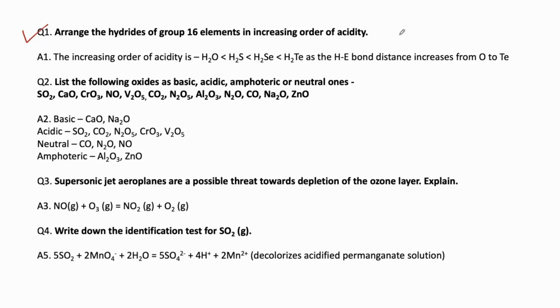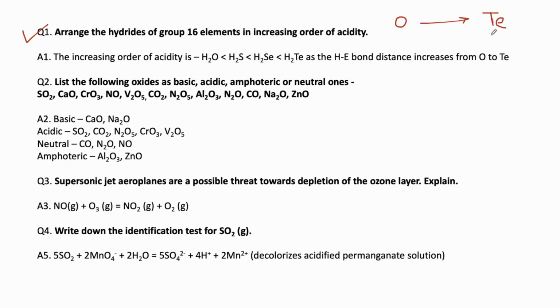Just like the group 15 elements I discussed previously, the bond distance increases from oxygen to tellurium, because the size of the atoms increases from oxygen to tellurium. So the bond distance between the central atom and hydrogen increases from H2O to H2Te.